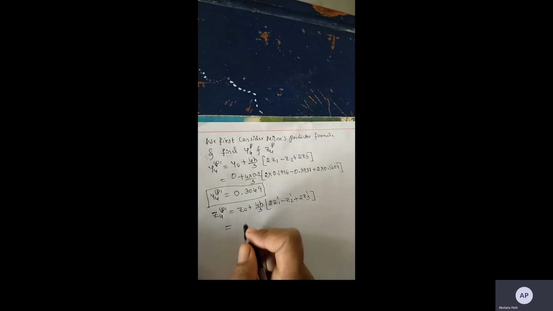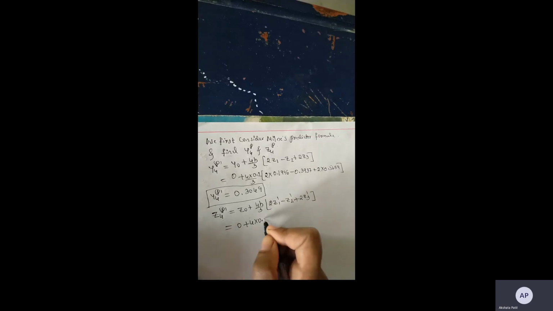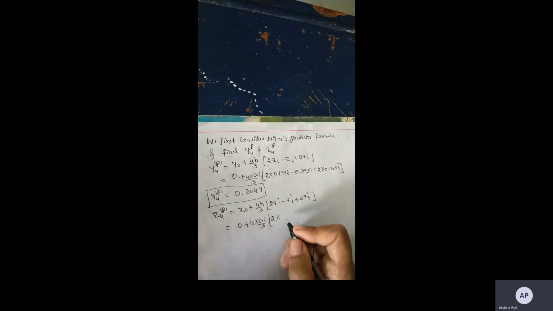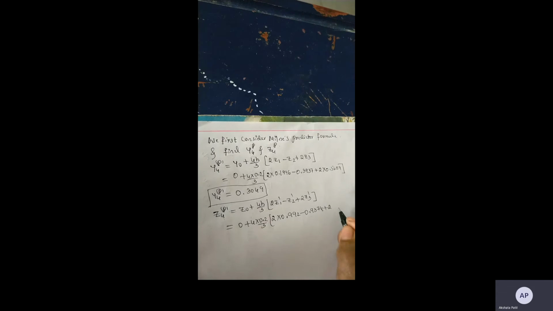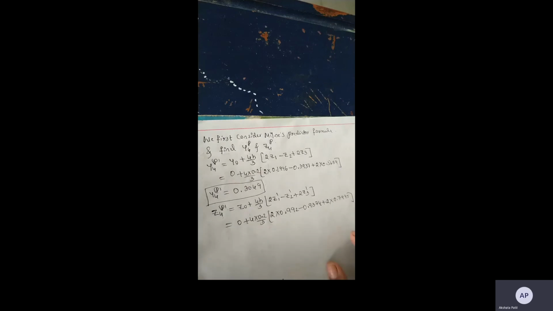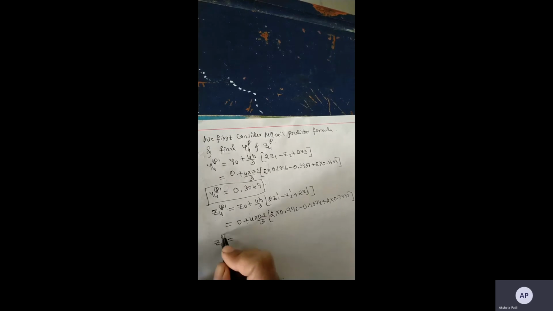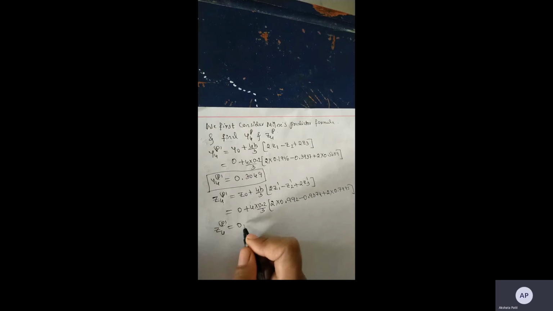Z0 value is 0 plus 4 into h is 0.2 divided by 3. So z1 dash, how much are you getting? That is 0.0992 minus z2 dash value 0.9374 plus 2 into z3 dash value 0.7995. Now after simplification you will get z4 of predictor value which equals 0.7055. Okay, so this is our z4 of predictor value.